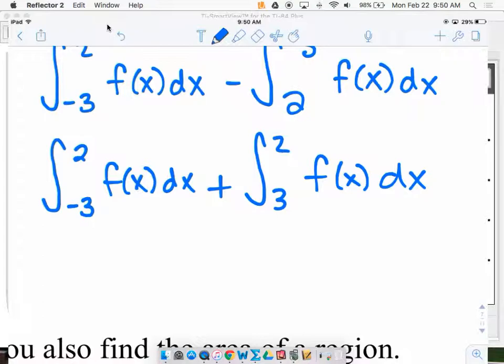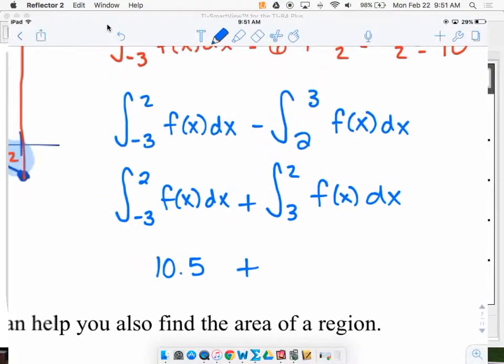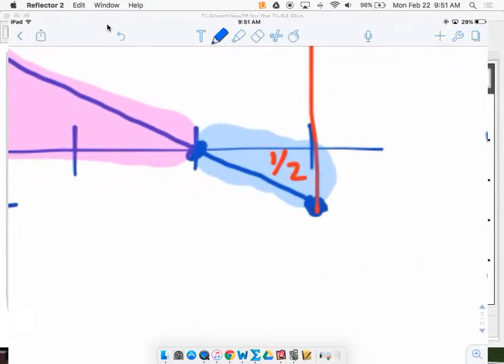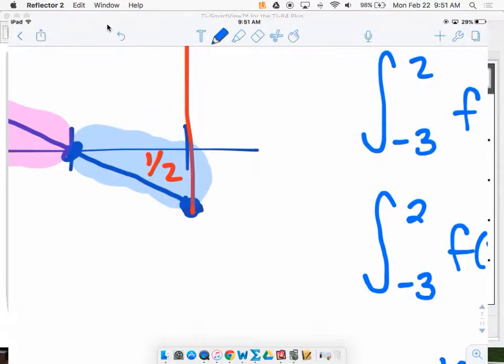All right, so from negative 3 to 2, that's going to give me what? 6 plus 9 over 2 is 10.5. And if you're going from 3 to 2, instead of this being negative 1/2, it's now positive 1/2.